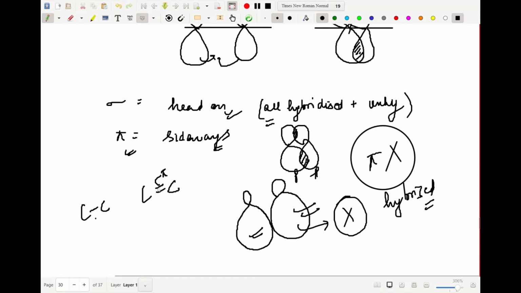In this case, we need to leave some p orbitals unhybridized, so that we can use sideways overlap there. In case of C triple bond C, again we have only one sigma bond, but the rest two are pi bonds. Again, sideways overlap or pi bonds cannot be made by hybridized orbitals, so we need to leave out extra pure p orbitals in the unhybridized state, which will be used for sideways overlap.